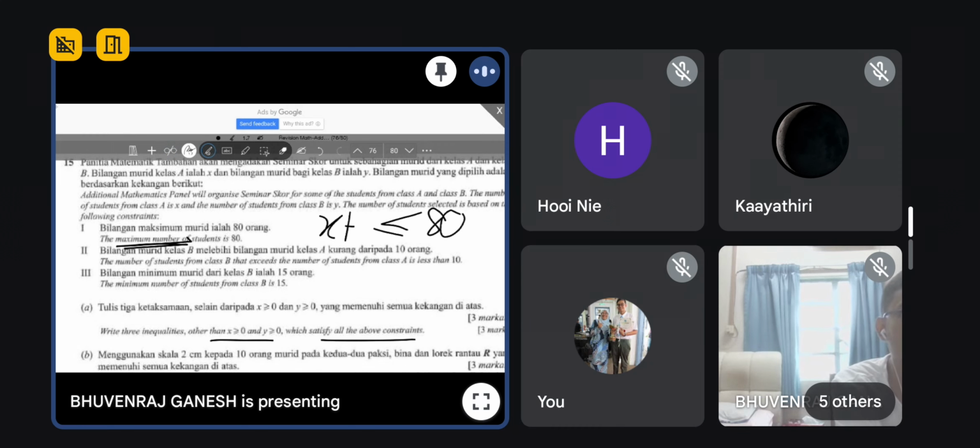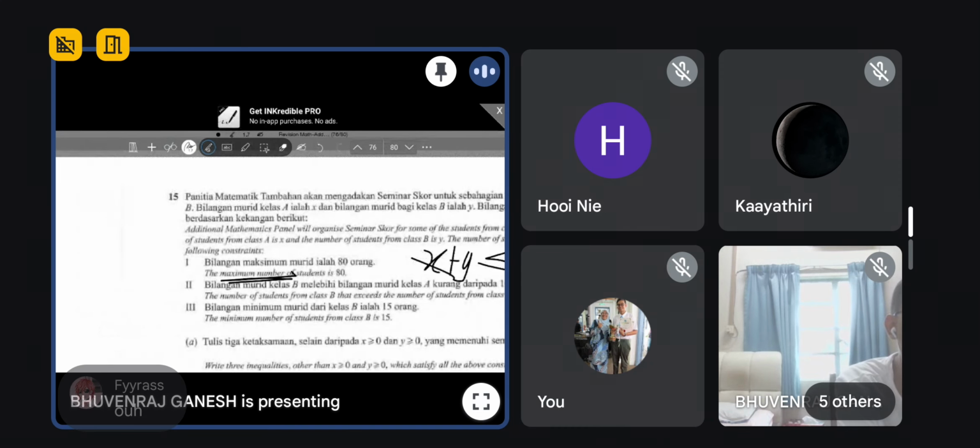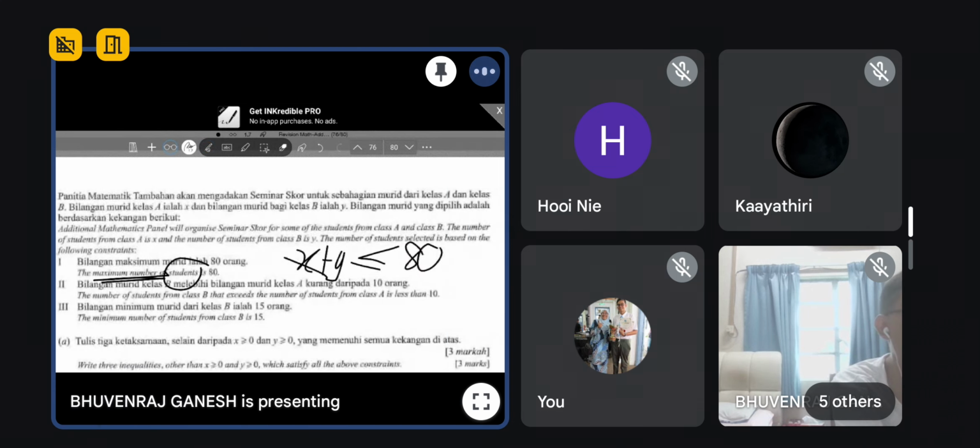X plus Y. Because they talk about students. So X is for class A and Y is for class B. So X plus Y less than or equal to 80, you must put the equal to also. Because it can be 80 students as well. So that's why 80 is also an answer.